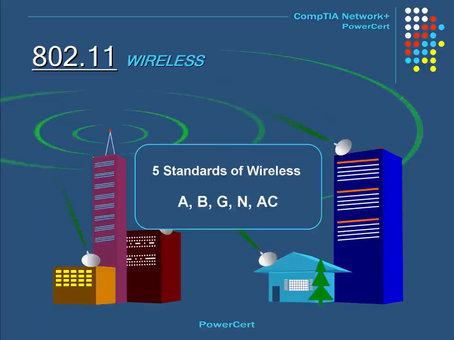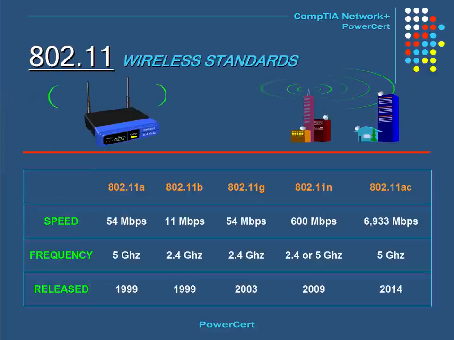There are the A, B, G, N, and AC standards. And here is a chart of the speed, frequencies, and release year for each one. Starting with the first wireless standard, which is 802.11a, which came out in 1999, and the latest standard is the 802.11ac standard, which was released in 2014.